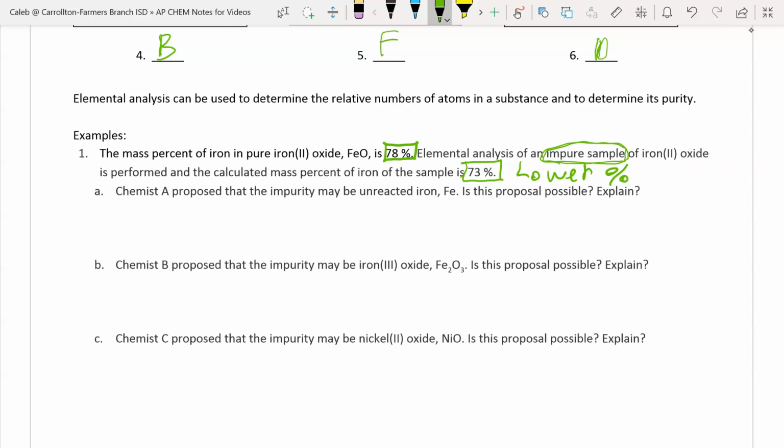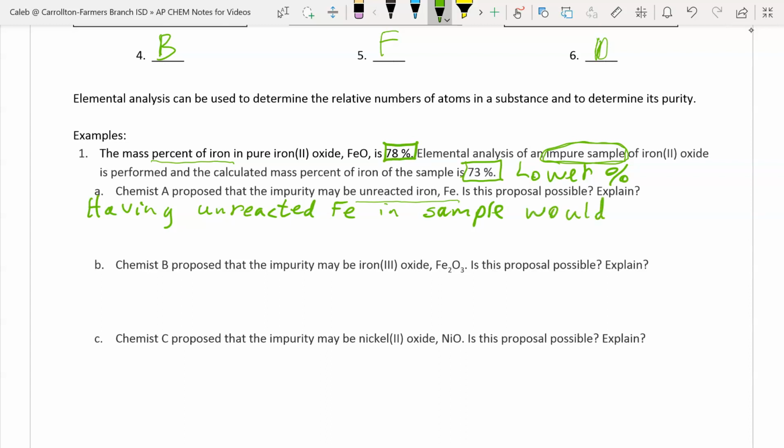If we have unreacted iron in the sample, would the percent of iron be higher or lower than expected? Well, that would lead to a higher percent. Having unreacted Fe in the sample means we've got more Fe than expected.